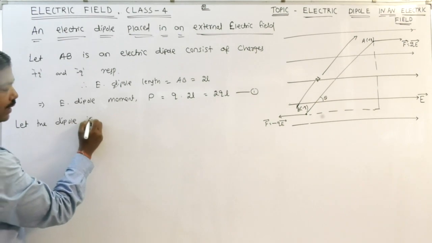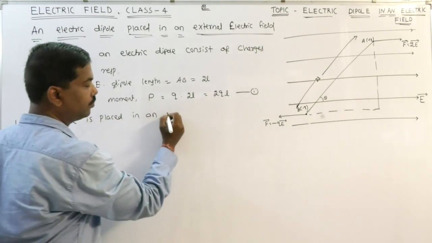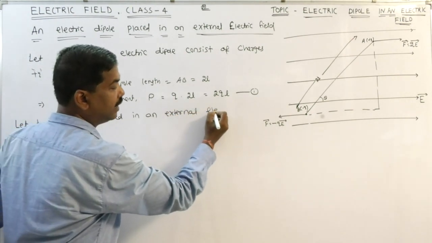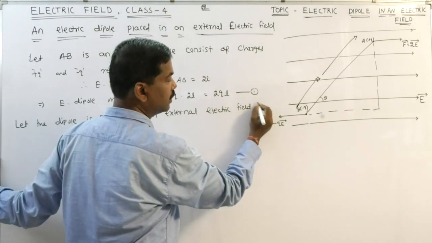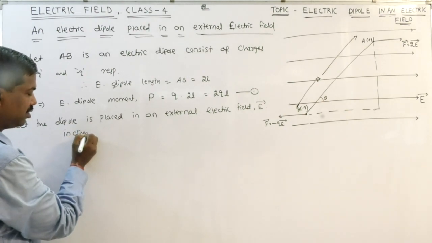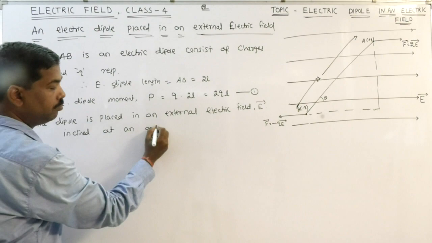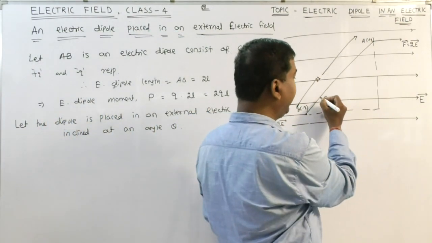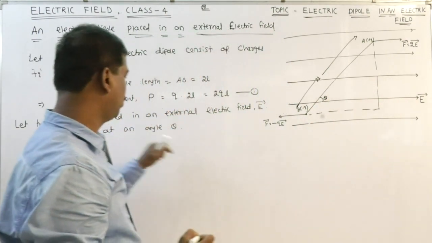Let the dipole be placed in an external electric field E vector inclined at an angle theta. It means the dipole and the electric field are acting at an angle, how much? Theta. Clear?